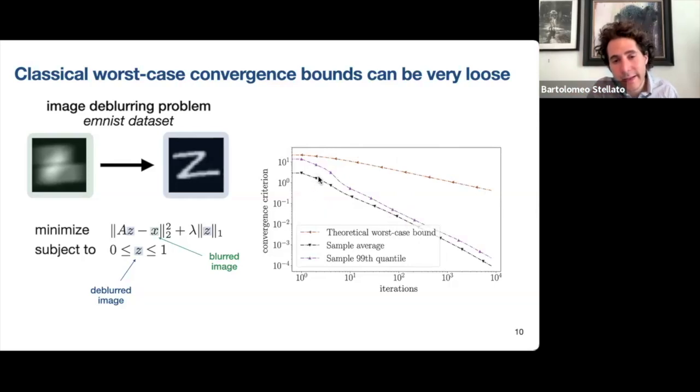And the average behavior is still way better than the worst case behavior. That's expected. But what's not really expected is that the 99th quantile, which is literally almost the upper bound on the true worst case behavior in a practical sense, is this purple line, which is way below the worst case line that we obtained from the theory.